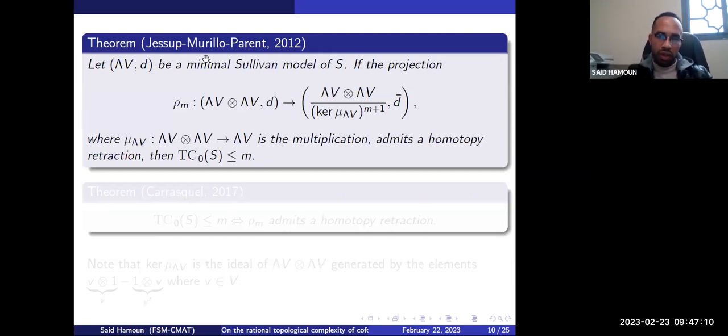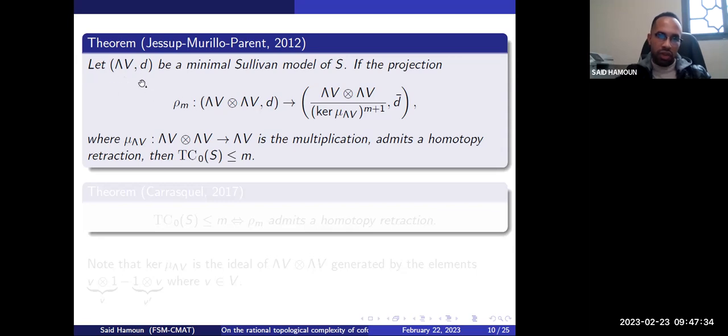In order to prove the previous result, Jessup, Murillo, and Parent used an approach in the same spirit of the rational Ellis category characterization due to Félix and Halperin.